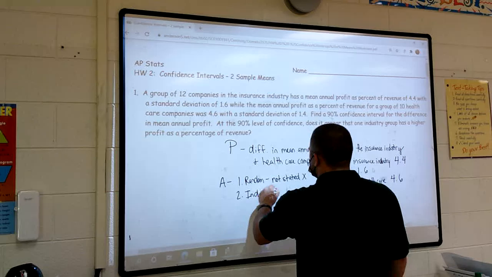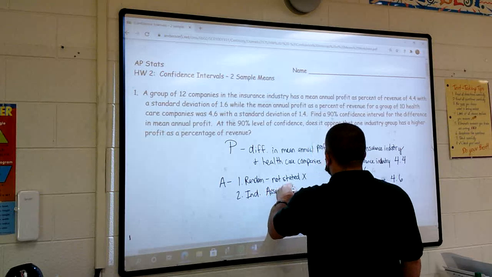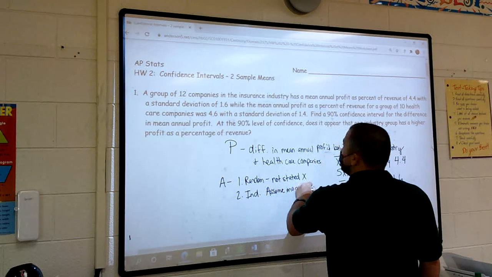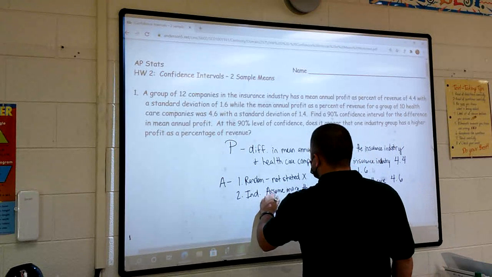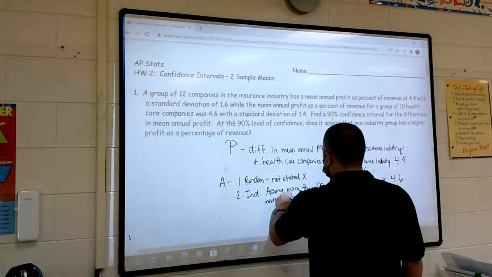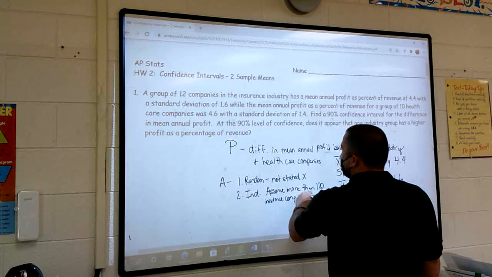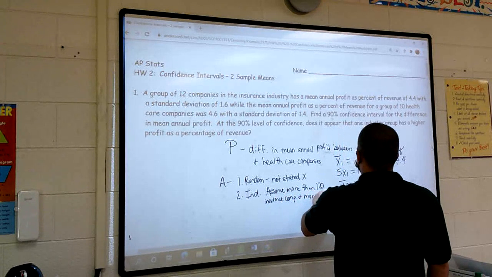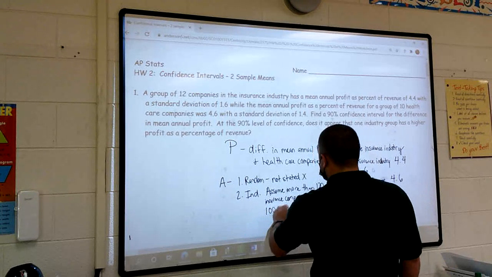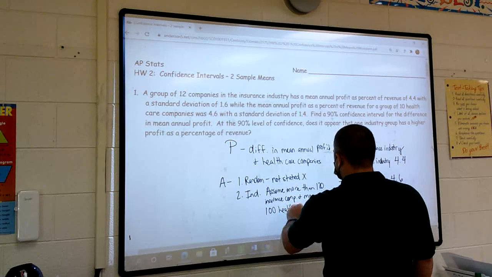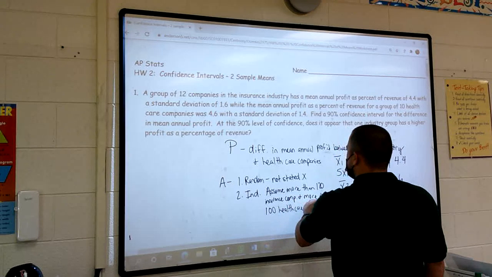We're going to assume there are more than 120 insurance companies, which we know there are, and more than 100 healthcare companies.